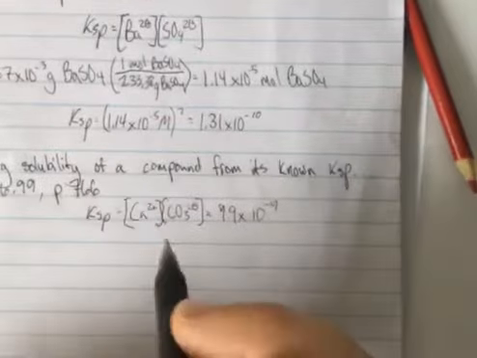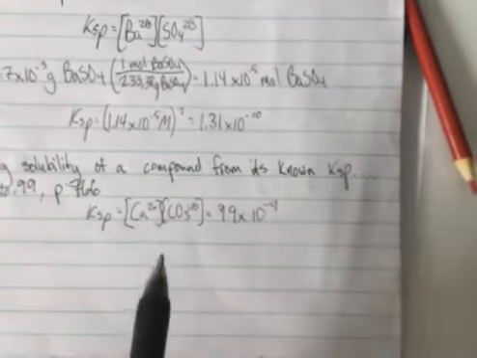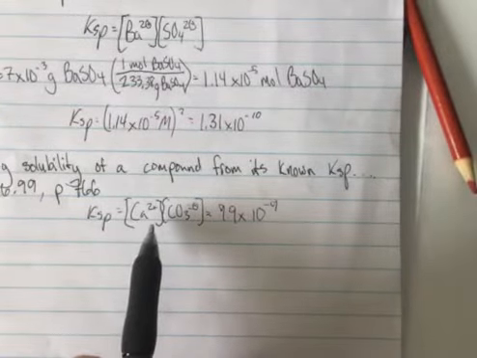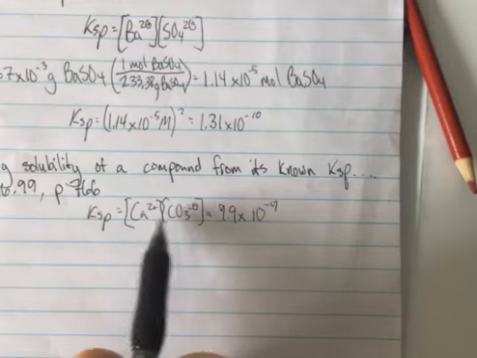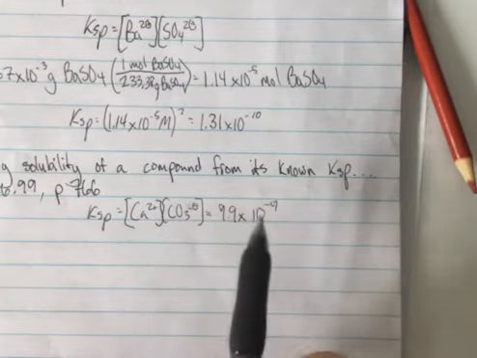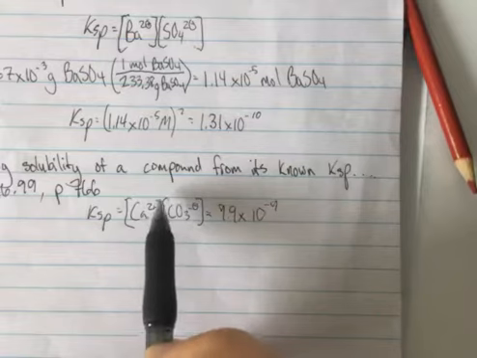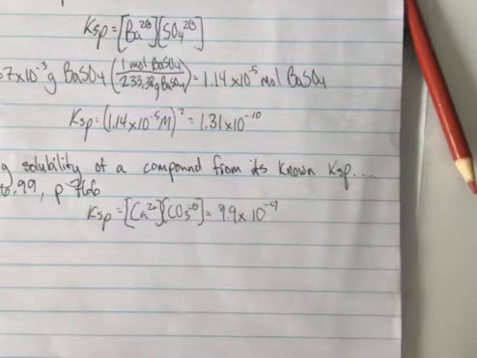If you wanted to solve for the actual concentration of either of these ions, you would simply take the square root, because you have 1 exponent here and 1 exponent here.